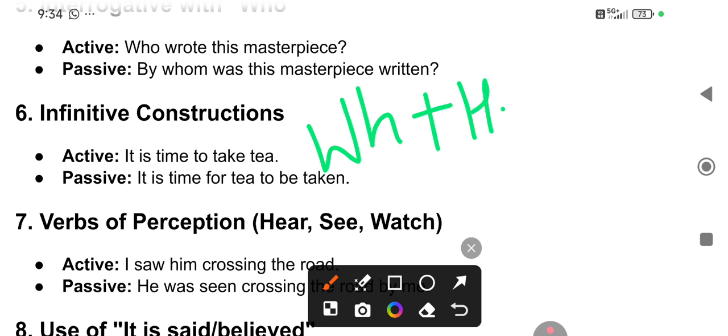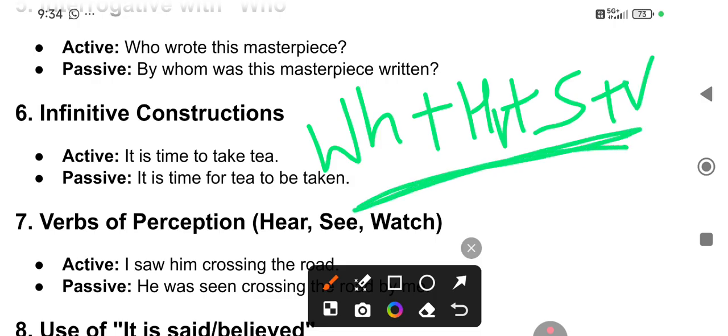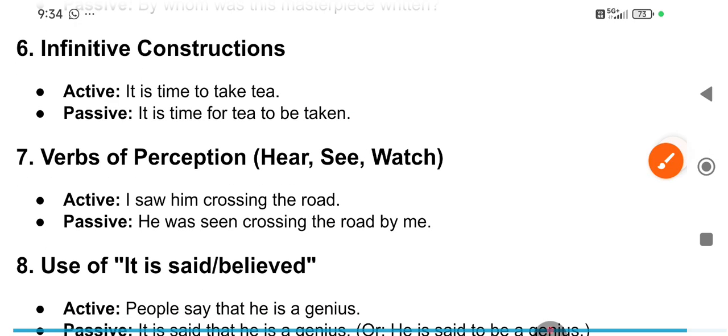Then helping verb, then the subject, and then the verb. This is the question when we frame a question with WH words. After a WH word comes the helping verb. Please keep in mind. That is why was comes after the WH word or question word.